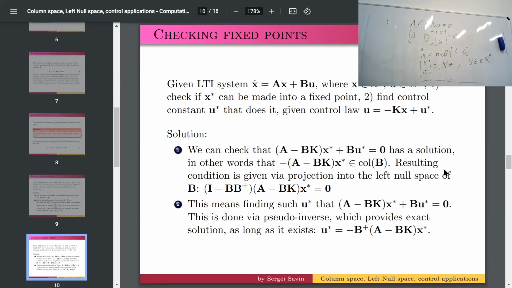Okay, next. Checking fixed points. Given an LTI system, x dot equals Ax plus Bu, let's check if x star can be made into a fixed point, and we'll assume under a constant control law too. And second, find the control constant.